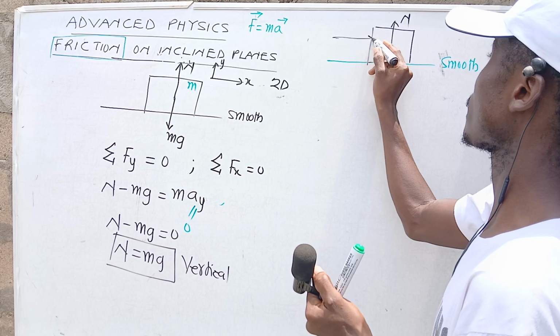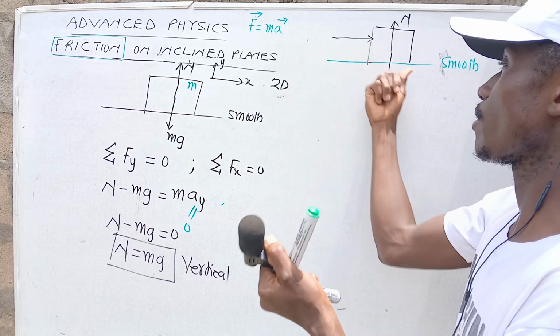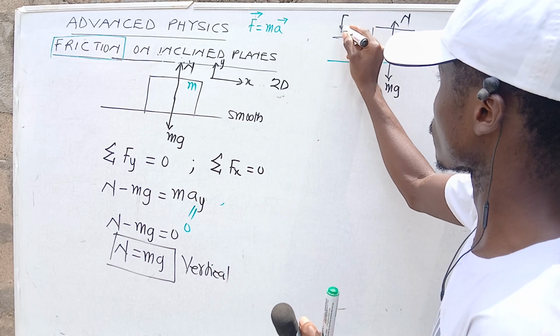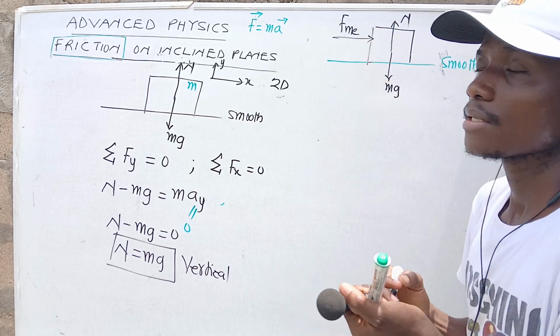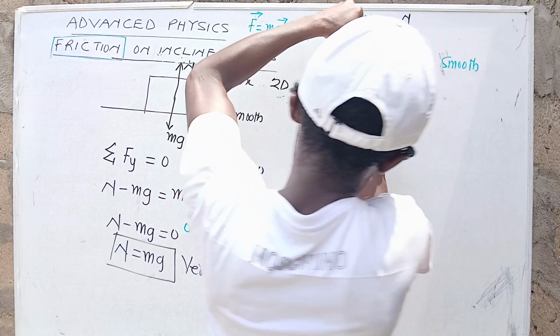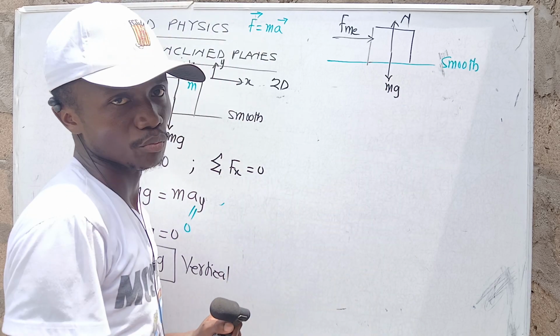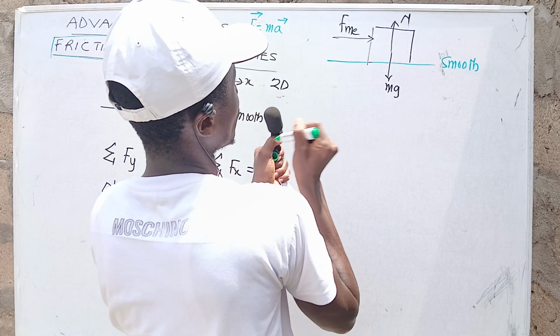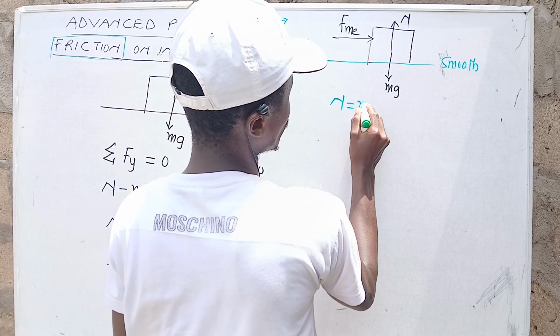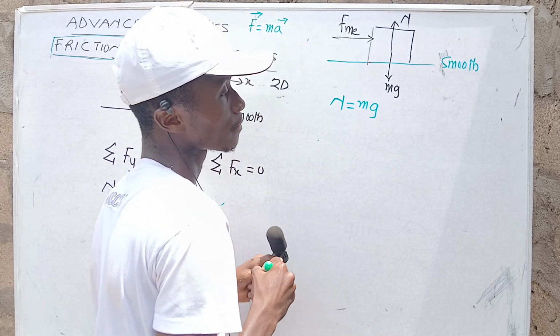And now you exert a force, say to the right. Let me call that force you exert F sub me. So I exert a force. I push this object to the right. And given that this surface is smooth, for the vertical we have n is equal to mg, which we have already calculated.